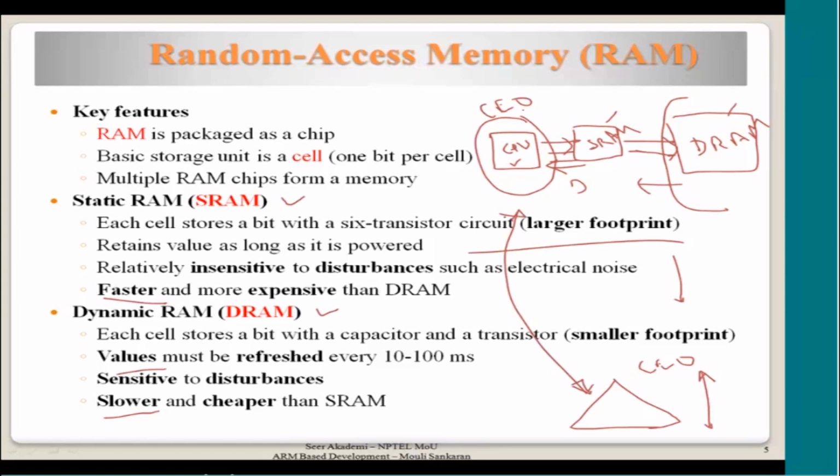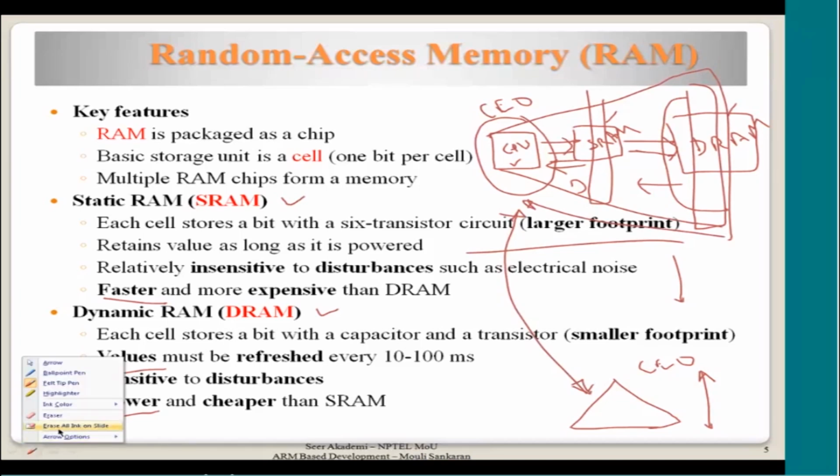I'm not saying the CEO is the fastest and the VPs are slower and the directors are much slower than that. Please don't ever think like that. That's not true, otherwise you could not go up the ladder. So let us only talk about the processor now, no longer a social hierarchy.